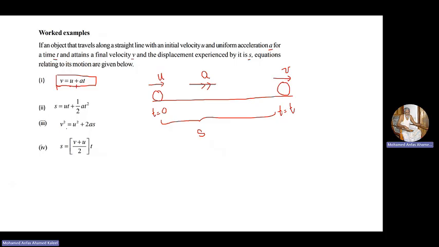The third is v squared is equal to u squared plus 2as. And the fourth is s is equal to (v plus u) over 2, which is the average velocity, into time. Average velocity into time is the displacement.